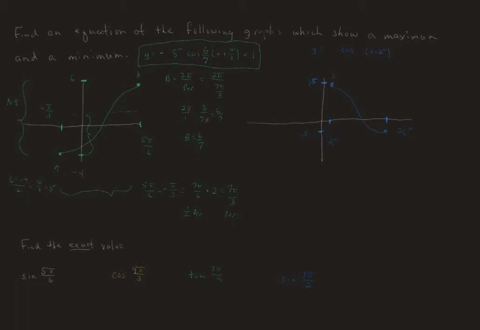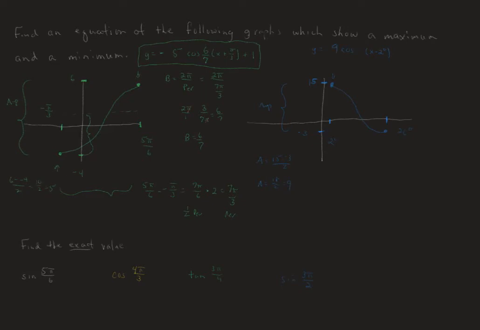We can see that our amplitude is going to be top minus bottom divided by 2. That should have been a -3 there. So that's 15 minus -3 over 2, which is 18 over 2, which is 9. That's the number that's going to go here.